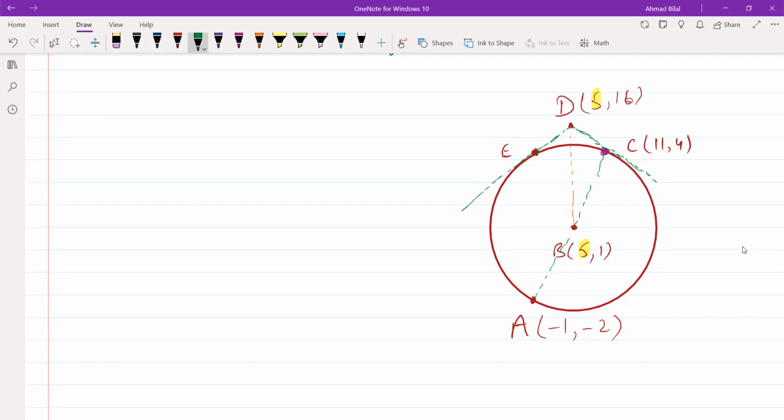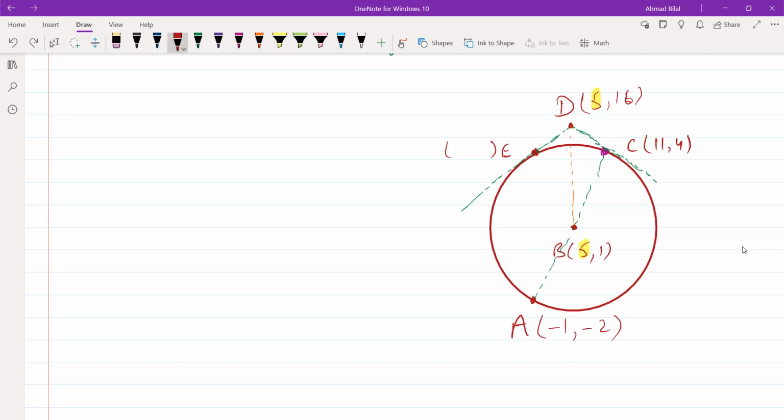Since that is the case, it means the y coordinate of C, the point where this tangent touches the circle, is exactly the y coordinate where this point E is, as in they are at the same horizontal level. The point C and the point E have to be at the same horizontal level. Why?